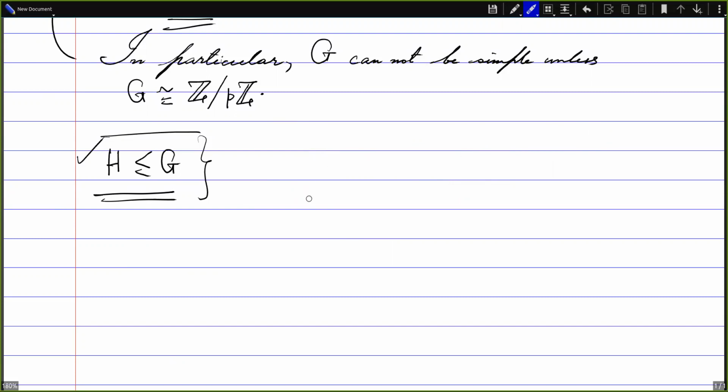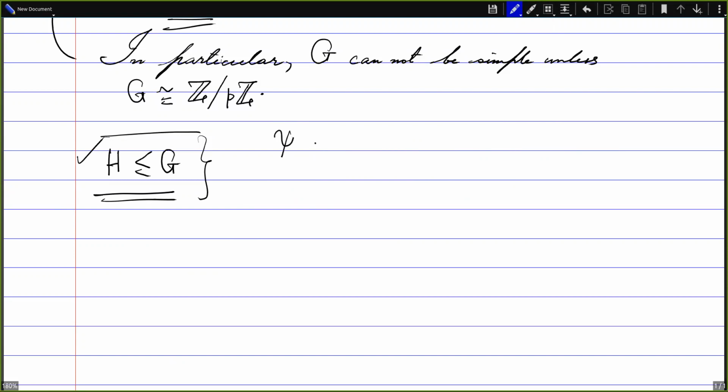So let me just formulate once again. The reason for which this approach of considering subgroups might lead us to the correct thing is precisely the following.